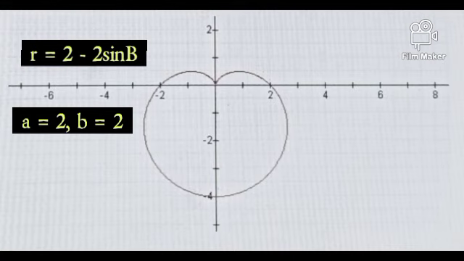So the values of a and b are equal. If in the polar equation the values of a and b are equal, the limacon is called a cardioid.